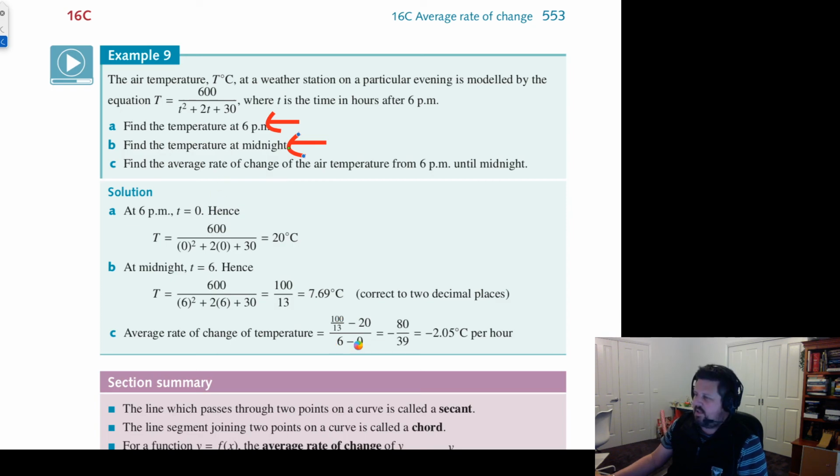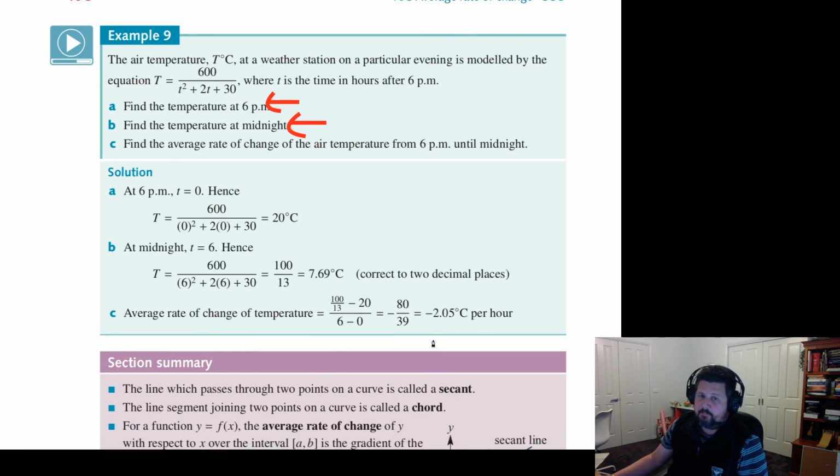So it's going to be 6 take away 0, and we get this particular fraction here. -80 over 39. That simplifies down to -2.05 degrees Celsius per hour.